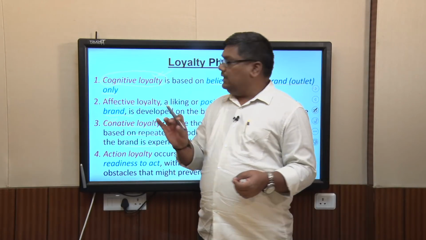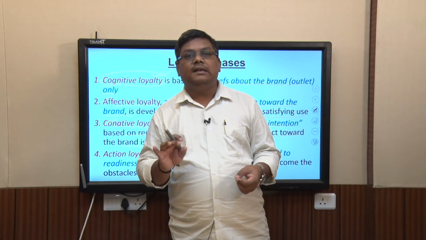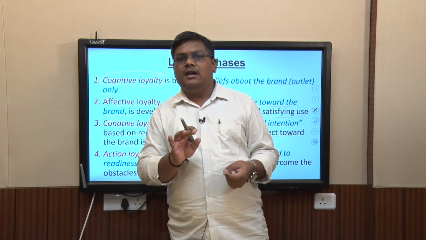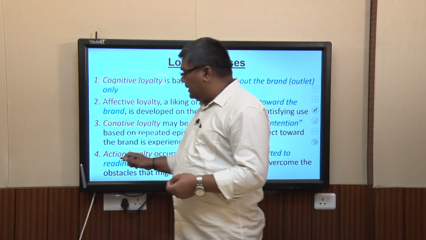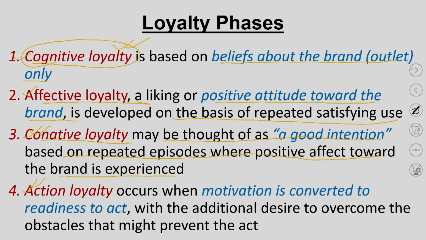But cognitive loyalty, affective loyalty and conative loyalty are not customer loyalty as such. Until and unless a person has something called action loyalty, he is not a true product loyal or brand loyal person. And so, what is action loyalty? It occurs when the motivation is converted to readiness to act.